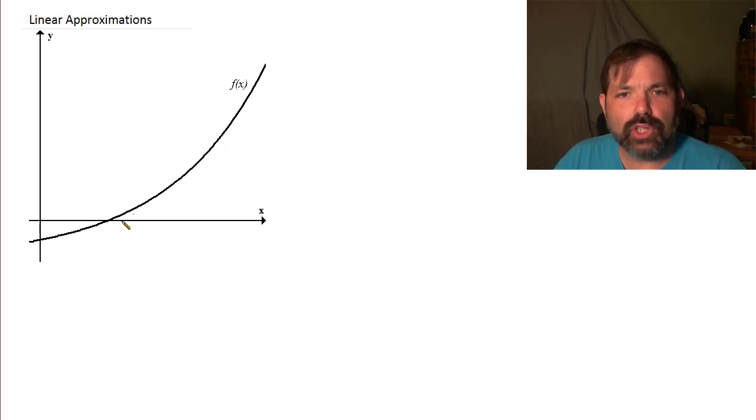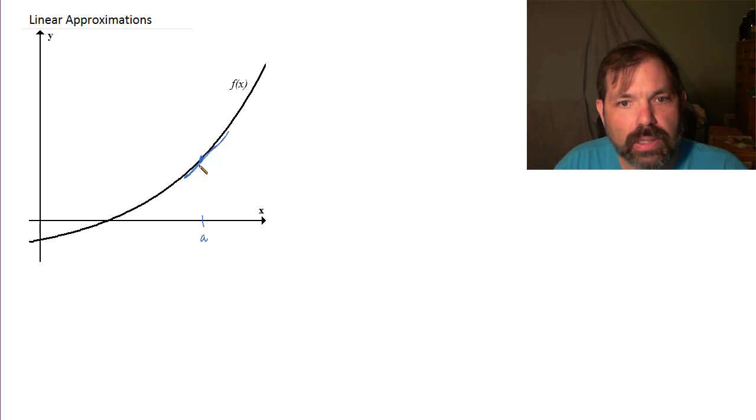So here I've got a generic graph of a function. And the idea is, what if I was to consider some x value A? If I wanted to approximate the curve near that point A, instead of thinking of the actual curve, why don't I think of the line that approximates that curve right there?